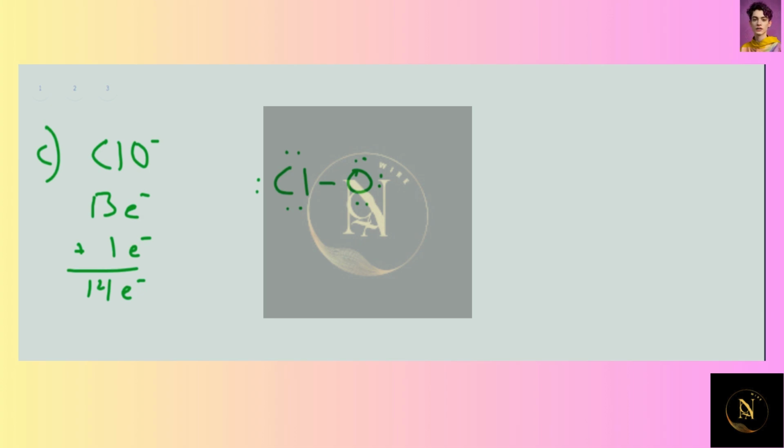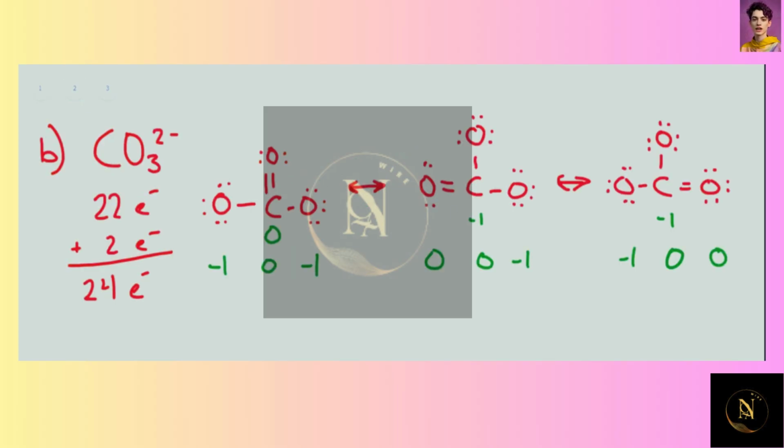So if we do the formal charge here, chlorine would be 7 because of the valence electrons, minus 6 plus 1, which is 0, and oxygen would be 6 minus 6 plus 1, which would be -1. So we have actually a charge of -1 here. We also had a charge over here of -2 for each of these structures.